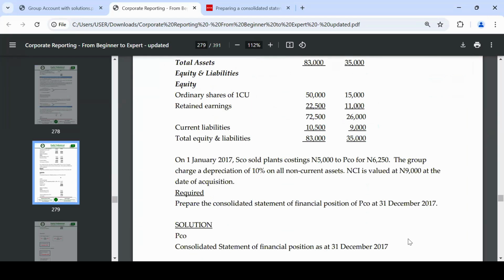On 1st January 2017, ESCO sold plants costing 5,000 to Pico for 6,250. The group charged a depreciation of 10% on all non-current assets. NCI is valued at 9,000.